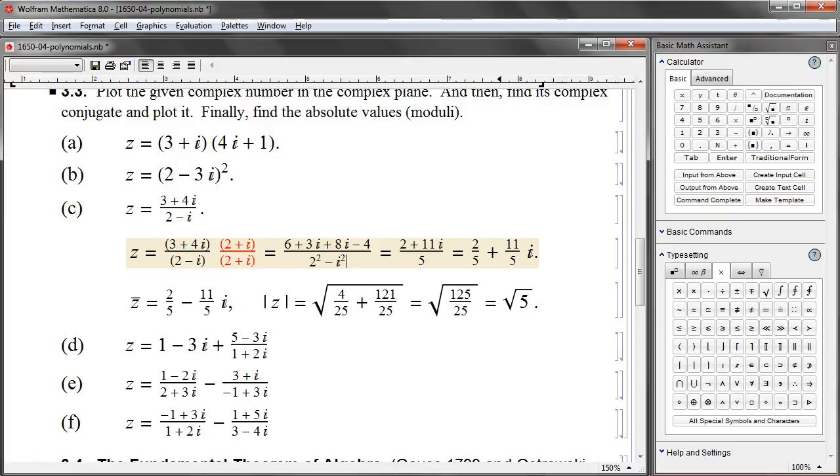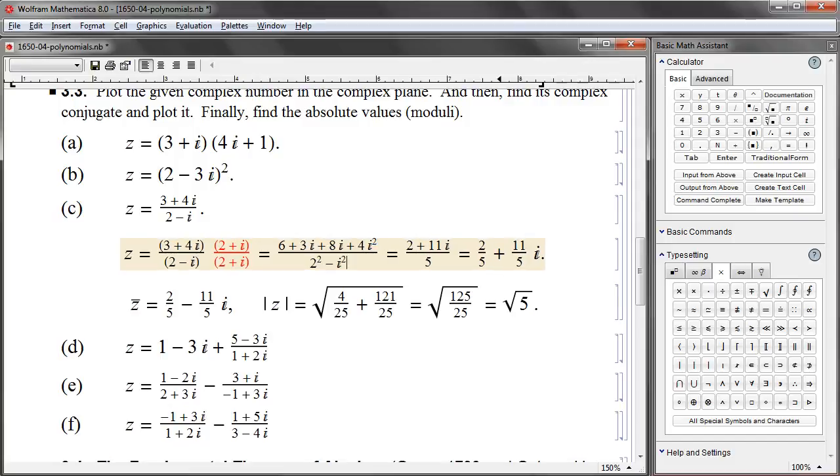It is basically foiling. And as a matter of fact, here I think I skipped a step. There's 4i times i, so that should be plus 4i squared. Now whenever i squared shows up, we have to change it to negative 1. Well, that's the rule. That's the general rule.